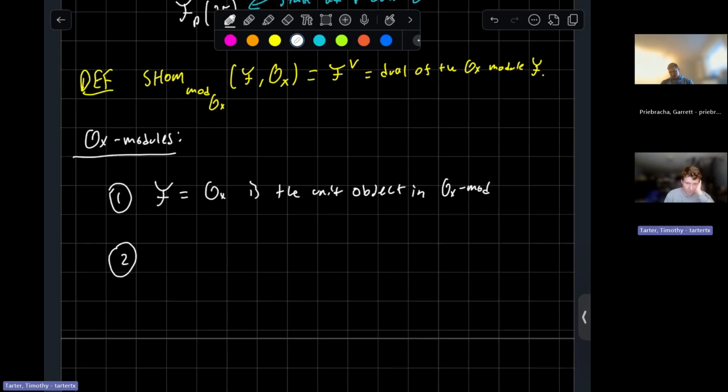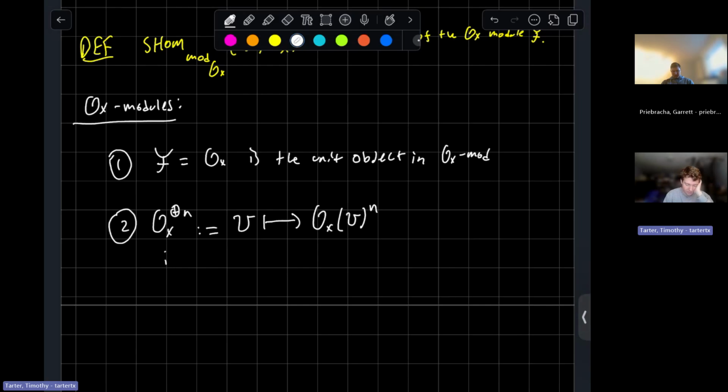We haven't talked about vector bundles, but OX direct sum n, which is defined by sending U, an open set, to OX of U to the n, is a trivial vector bundle.